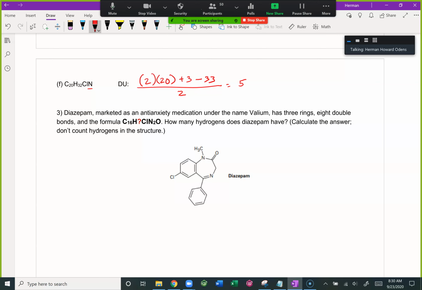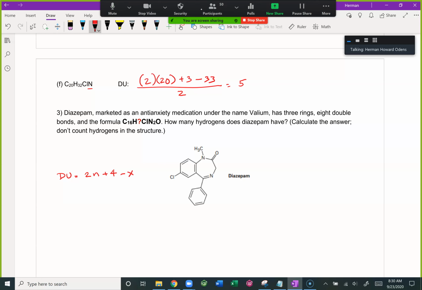So this is like a math problem, honestly, applied to chemistry. So DU, in this case we have 2 nitrogens, so that's important. We know that the general formula will be 2n plus what? What number do I put here? 4, because there's 2 nitrogen. Exactly, 4. The first one adds to 3, and the second one adds to 4. If you had another one, then it would be 5, and if you have 4, then it would be 6, and so on.